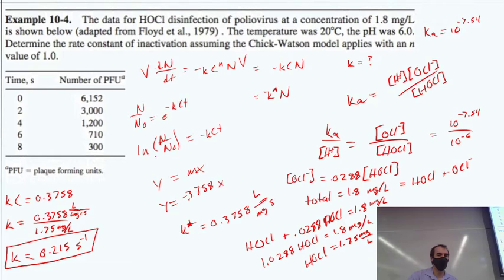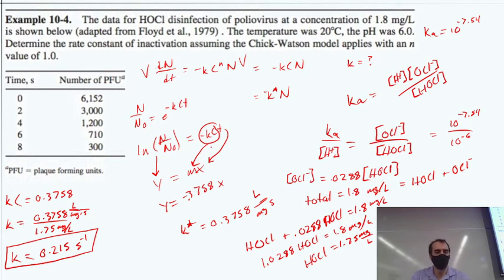So what I'm doing is I'm relating this here. ln of n over n naught is y, and then this is m, and t is the x. Is the x, not n, right? Yeah, t is the x.